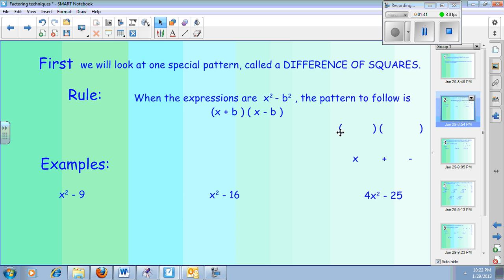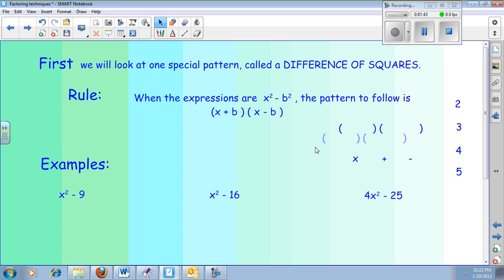Every time we factor, we're going to start by setting up two sets of parentheses because you'll have a binomial times a binomial. And because our first term is x squared, that's the first thing we put in each parenthesis, an x and an x. Now, following the pattern, we need to put plus in one binomial and minus in the other binomial.